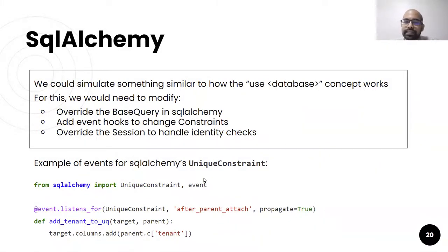So here's like a quick example, right? If you're going to be talking about unique constraints, you can take the SQL Alchemy event, listen for unique constraints, and whenever it's going to be attaching a unique constraint to a parent, like a table or a model, etc., we essentially say, take the unique constraint and add an extra column to that unique constraint, which is the tenant column.